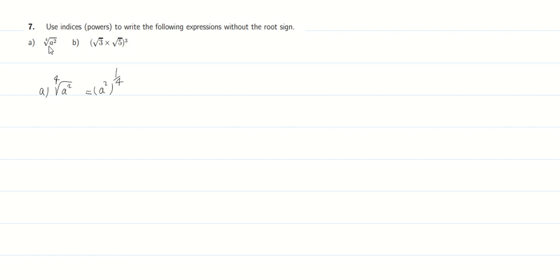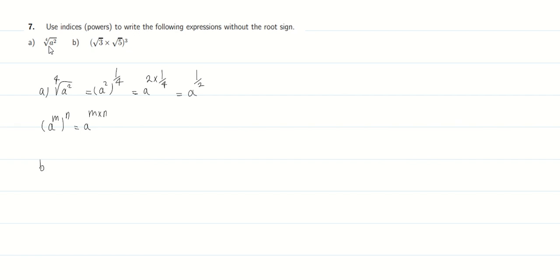Based off the power rules that denote a to the power of m all to the power of n would be equal to a to the power of m times n. And on here, our m would be equal to 2, our n would be equal to 1 over 4. So we can write this as a to the power of 2 times 1 over 4, which would be equal to a to the power of 1 over 2.